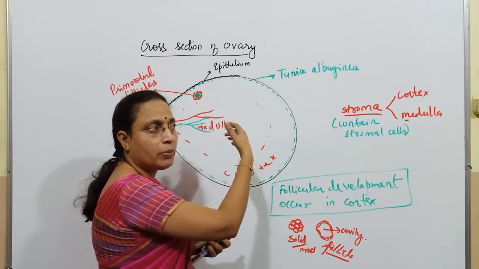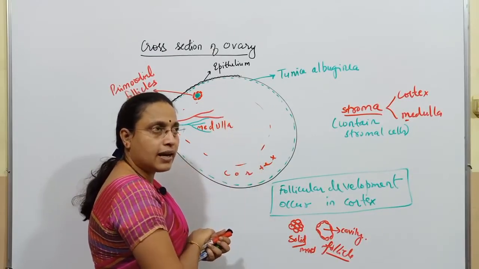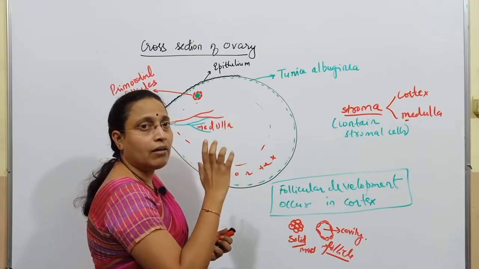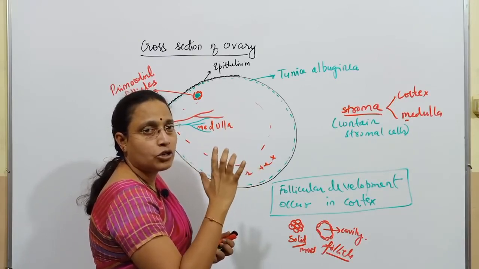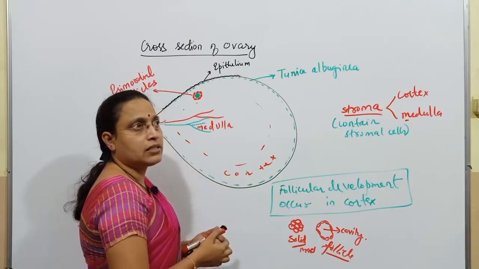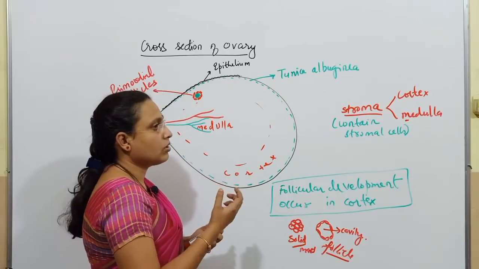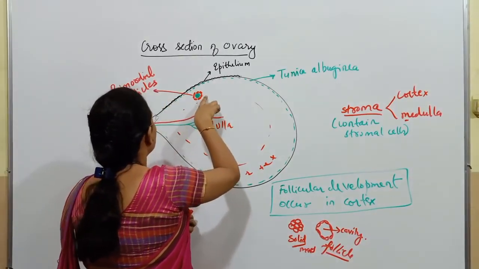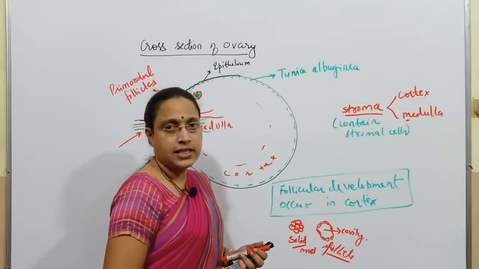The primary follicle should develop into a secondary follicle, and the secondary follicle into a tertiary follicle, and finally a mature Graafian follicle should be formed. This Graafian follicle is also called the dominant follicle. So how does the primordial follicle develop?